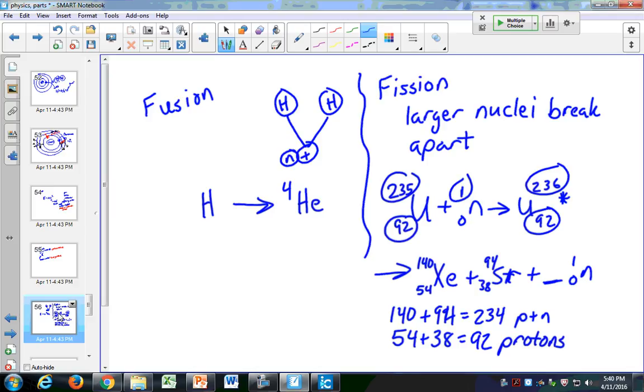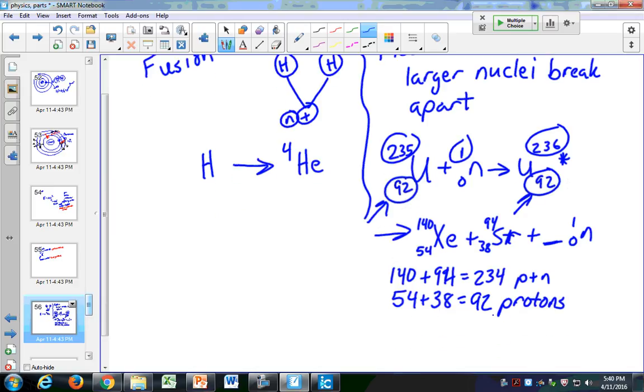So if I have 234 protons plus neutrons, I have 92 protons, which is the same as what I had up here. Then how many neutrons am I going to have left over? If I say 234 minus 92, what does that give me? 142.